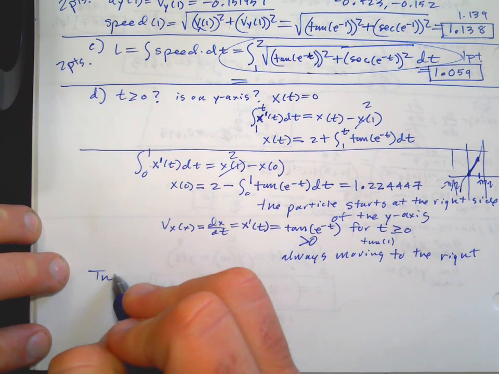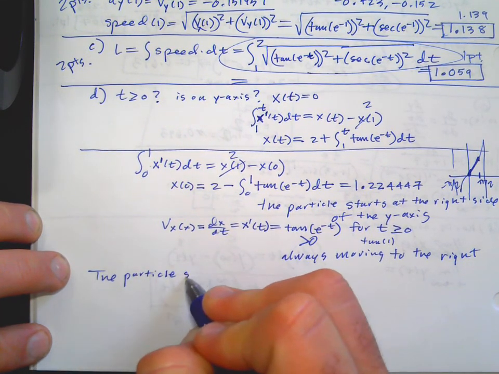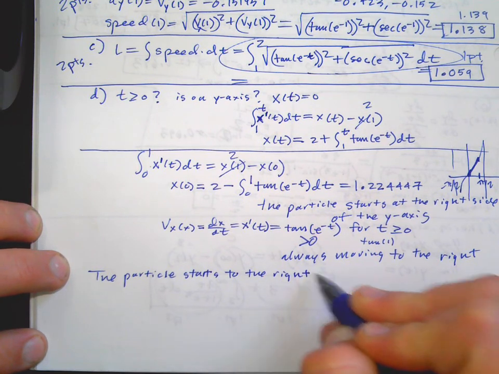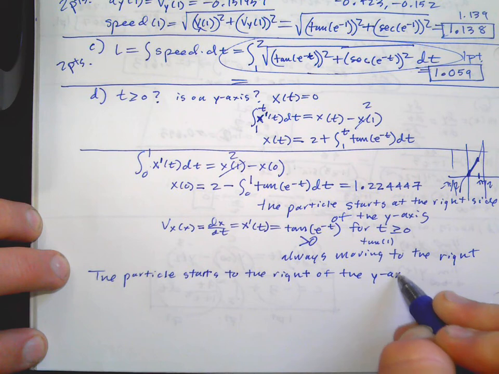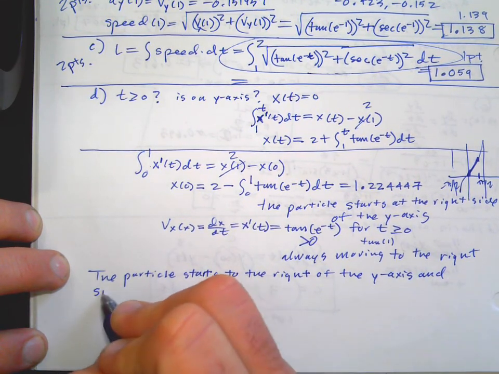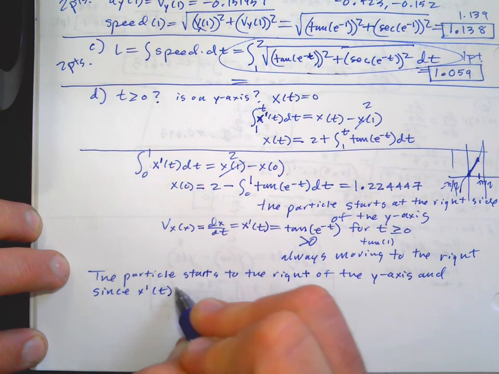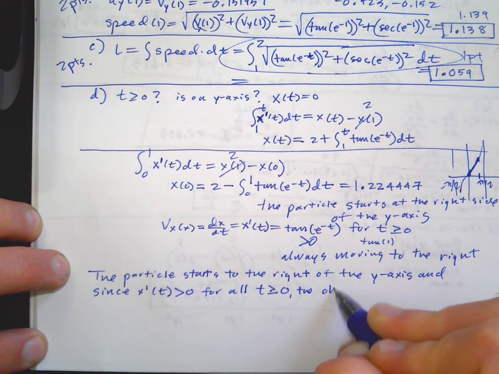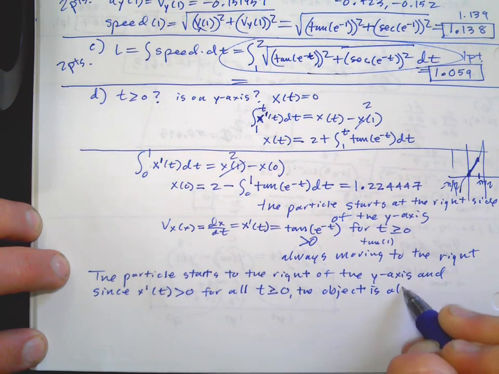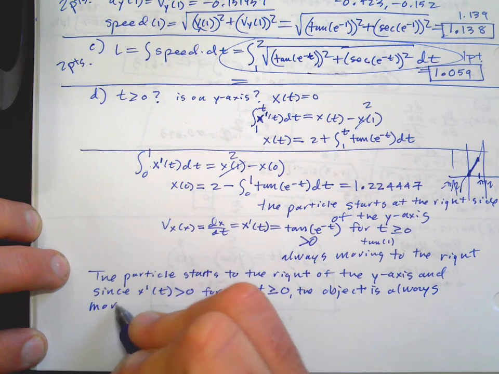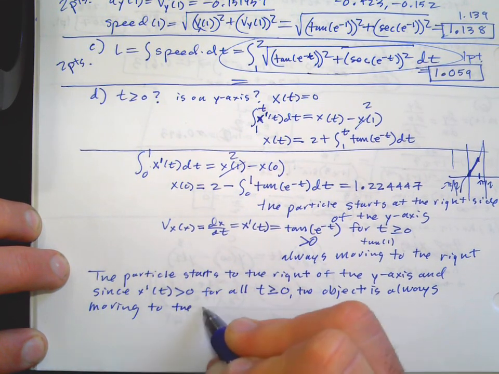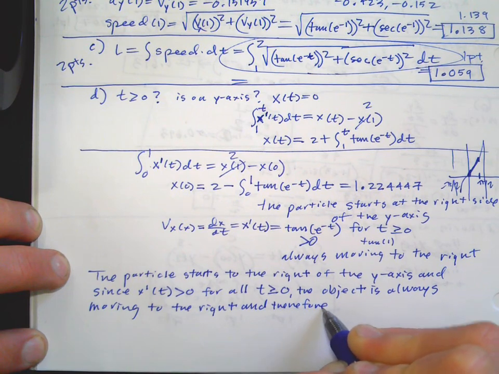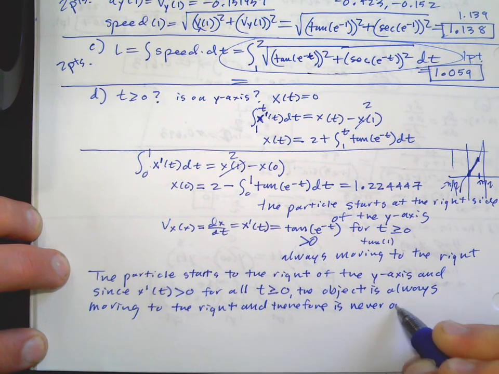So we could say the particle starts to the right of the y-axis, and since x prime of t is greater than 0 for all t greater than or equal to 0, the object is always moving to the right and therefore is never on the y-axis.